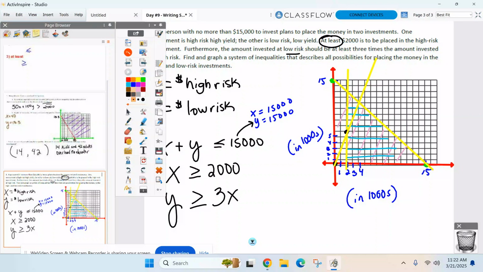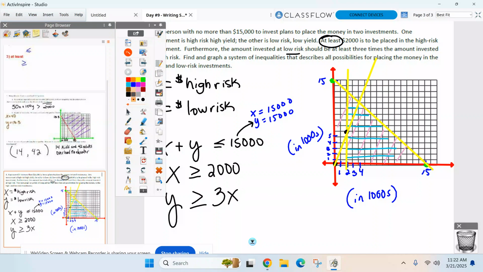Is it time for questions? No, it's not, because we're still not done with this problem. Should I put a capital S or a lowercase s? What is your preference? Where are you going to put your S? I got to shade this line going that way, right?